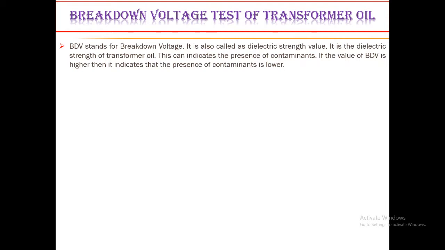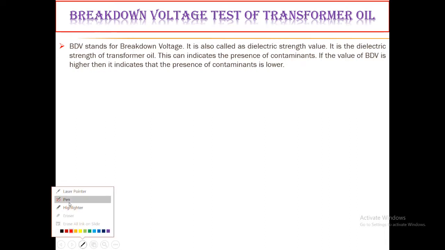When you work in the industry, you may come across the term BDV when two engineers are talking about the breakdown voltage capacity of any liquid dielectric before its application in high voltage equipment. So generally they ask for or say a BDV value. Here, BDV stands for breakdown voltage.